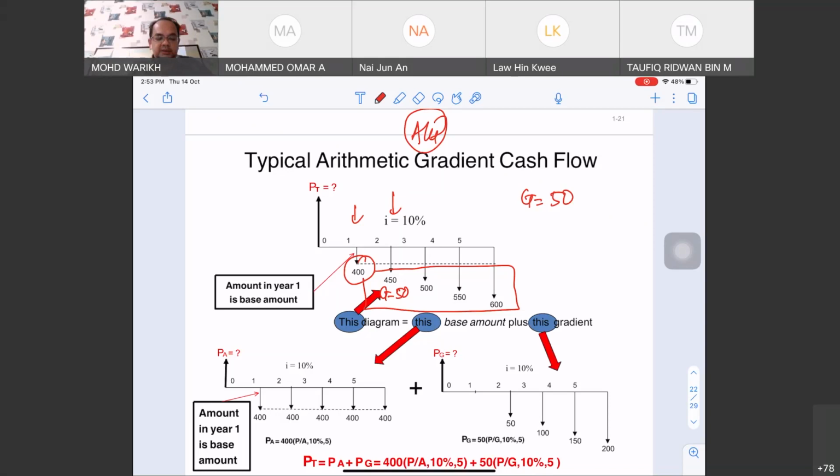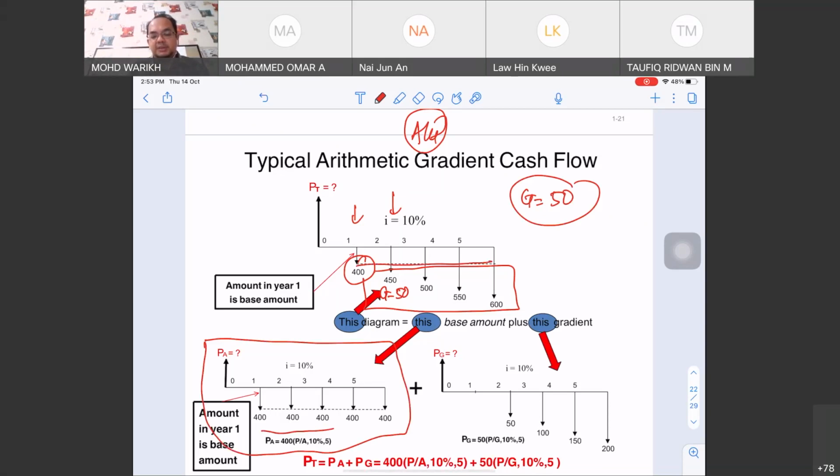The first one is the usual, normal one. You know the gradient G is 50 ringgit, right? So for the first one, you just use the base one, that is 400 ringgit. That means 400 ringgit is A, and you have to find P first.